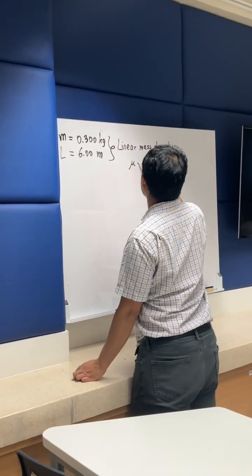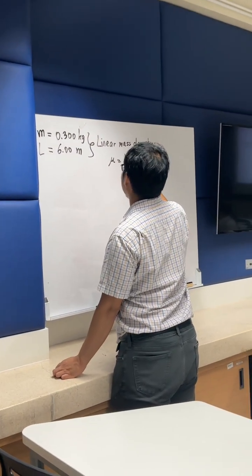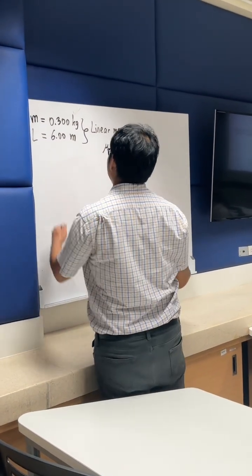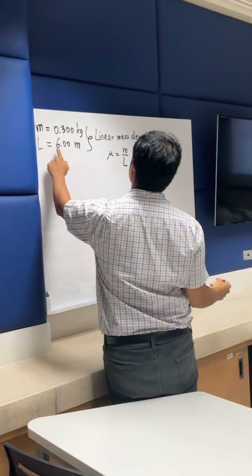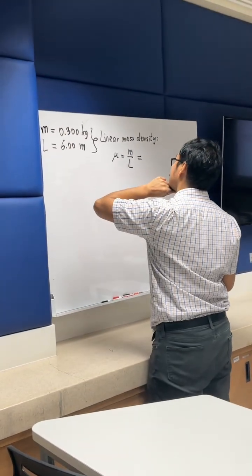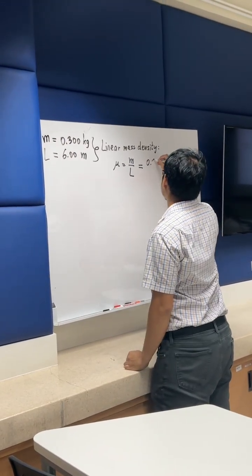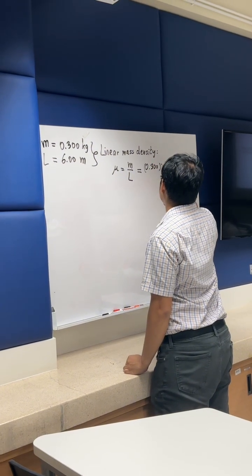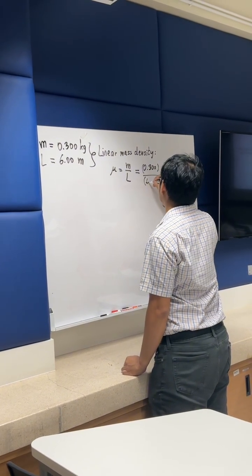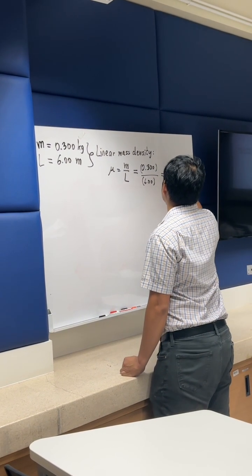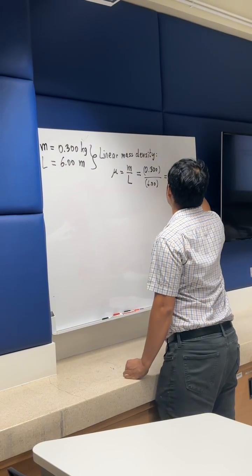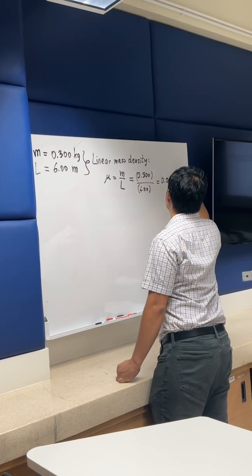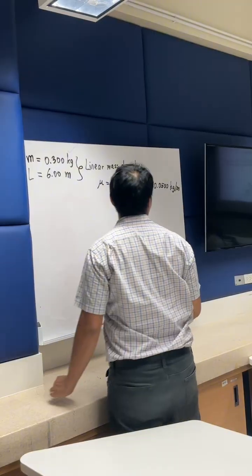Mu is just m divided by L, which is 0.300 divided by 6, right? So that's 0.0500 kilograms per meter, right?